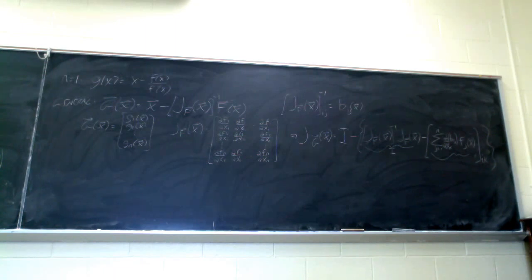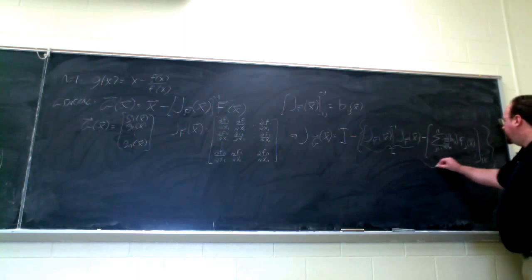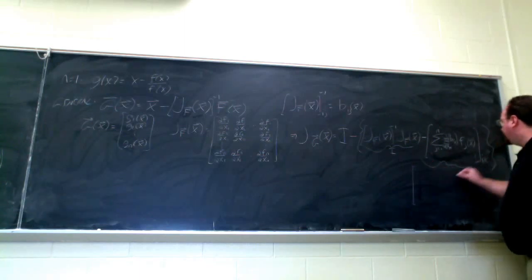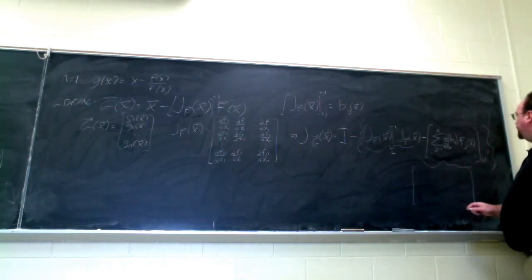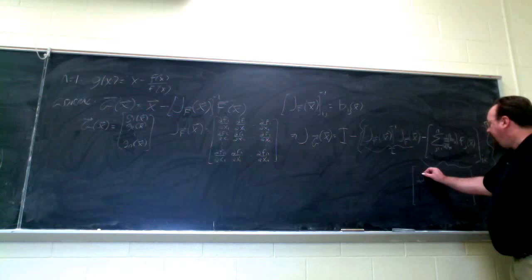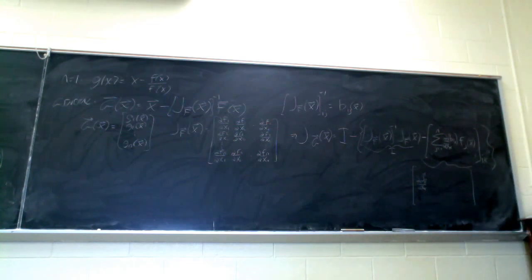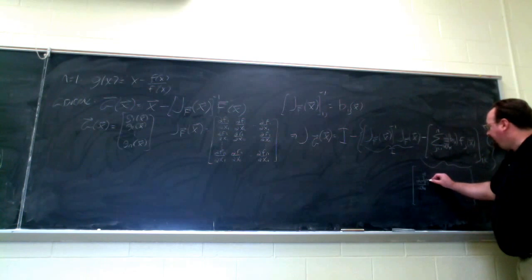So, in fact, I can describe on a column by column basis what this matrix looks like. So the first column will be the derivative of the Jacobian of f inverse with respect to xk times f.